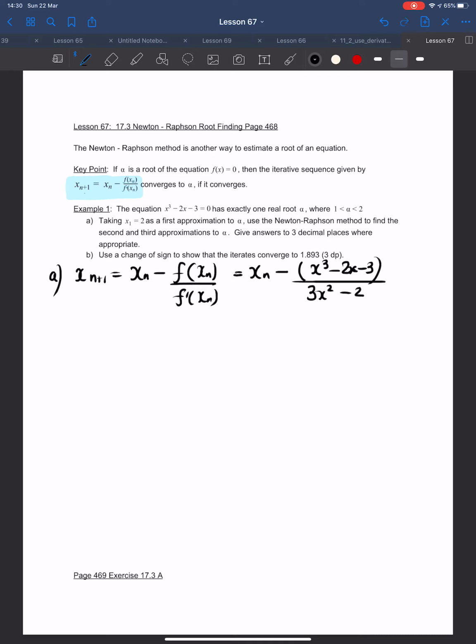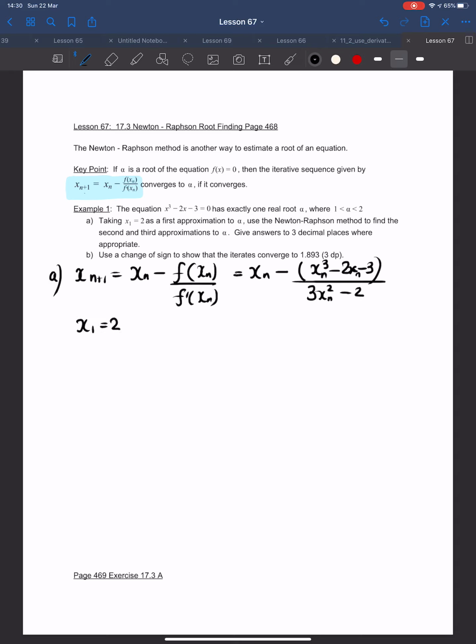And these x's are xn's. So if you've got one approximation, you substitute it into the right hand side, and it'll give you the next one.